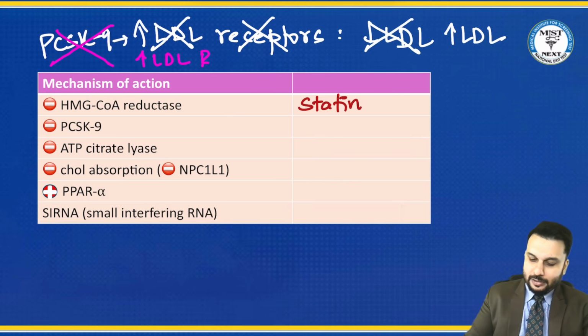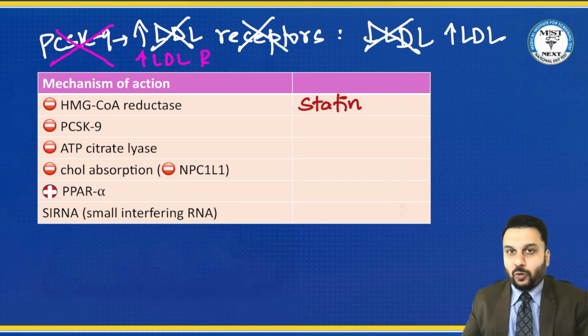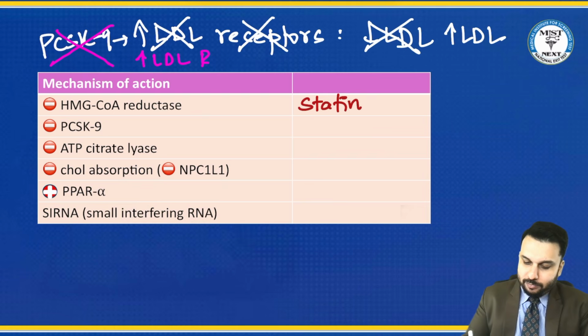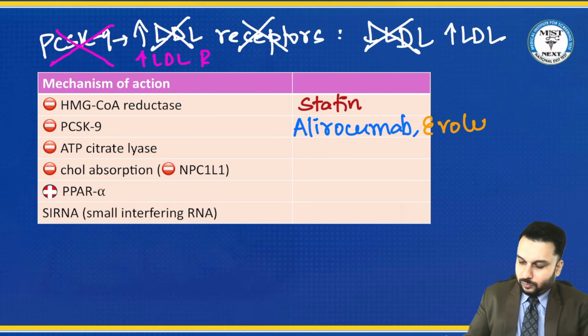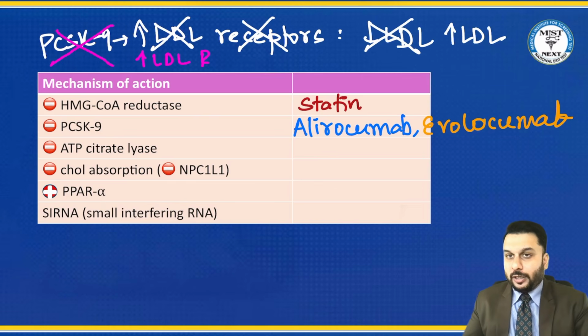PCSK9 inhibitors are monoclonal antibodies. Examples are drugs like alirocumab, and another one called evolocumab. These are the MABs, monoclonal antibodies.